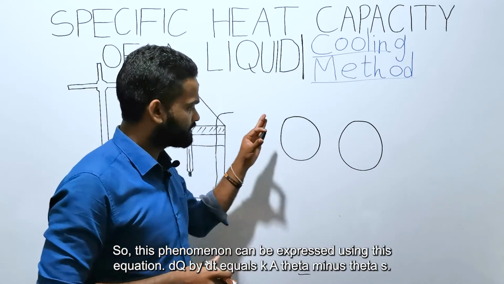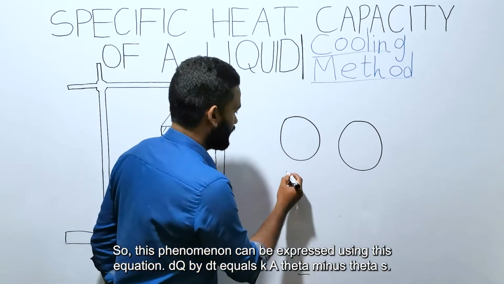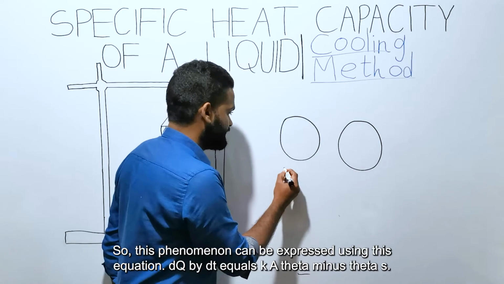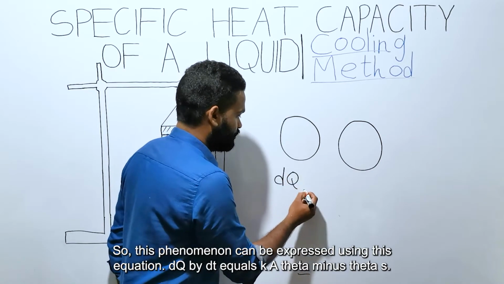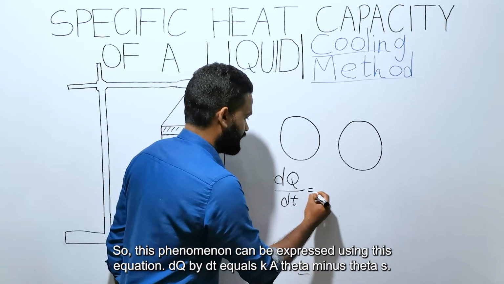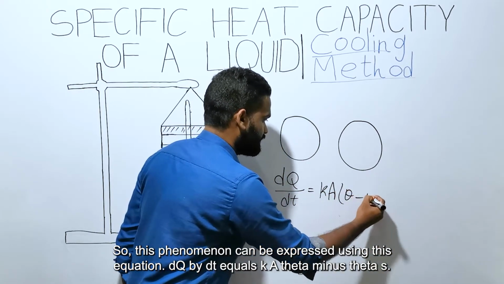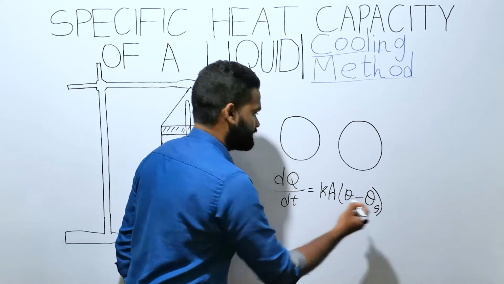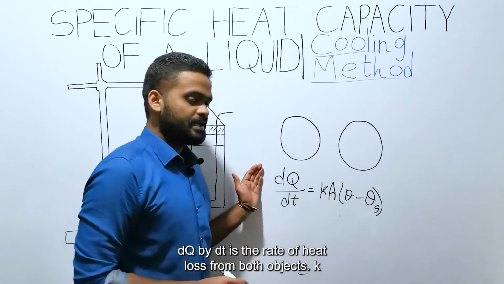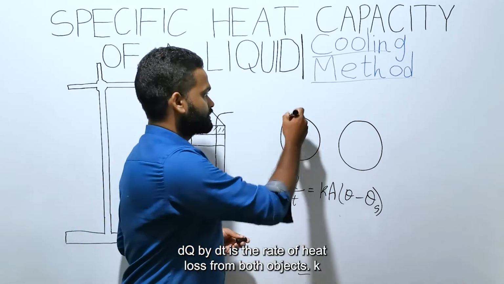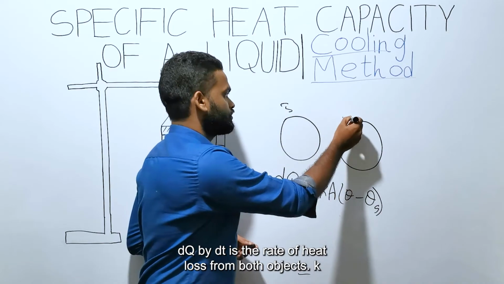So this phenomenon can be expressed using this equation: dq by dt equals KA (theta minus theta s). dq by dt is the rate of heat loss from both objects.